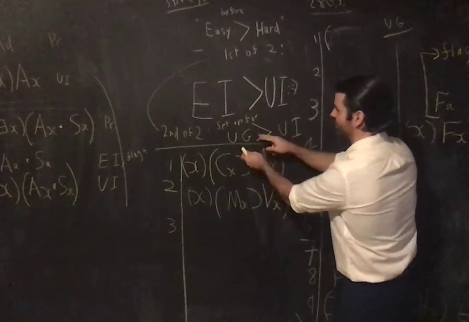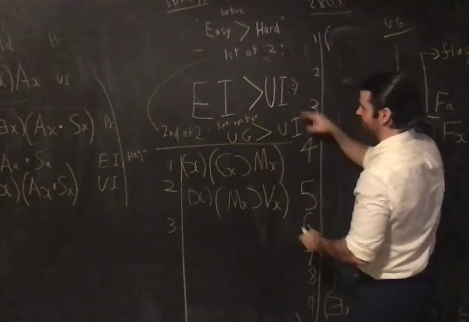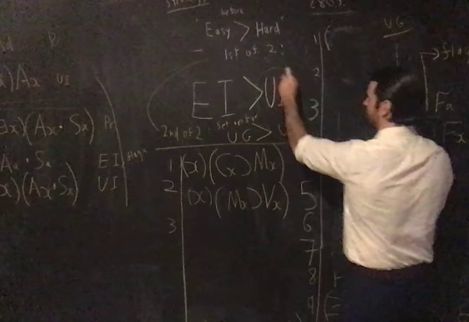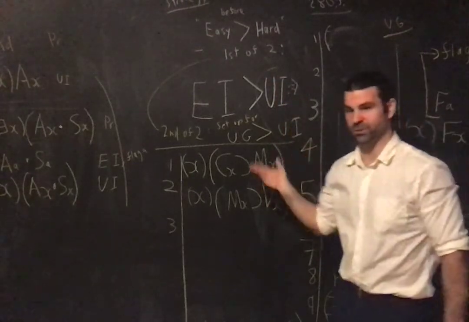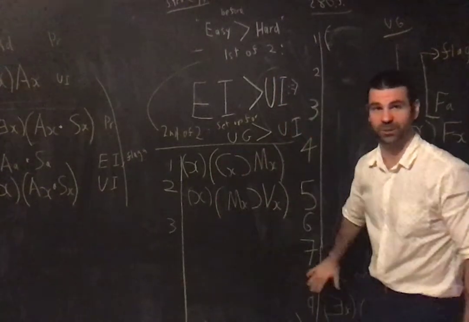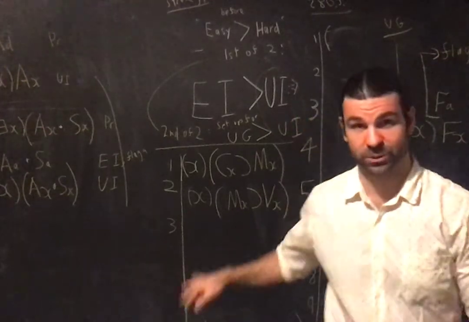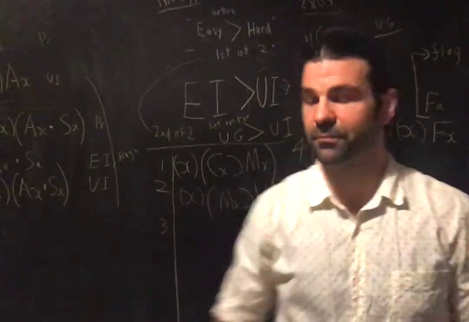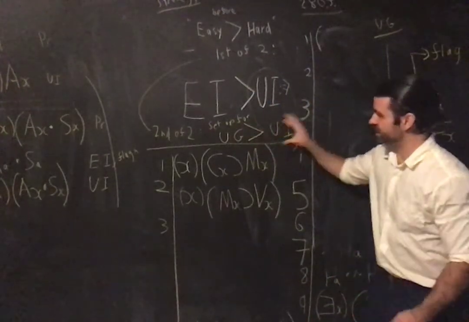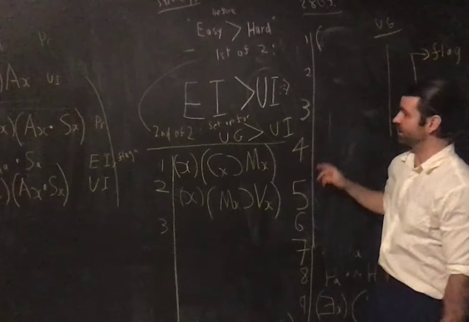It's always do the hard rule before the easy rule. The easy rule in practice is UI. The other easy rule is existential generalization. You don't have to worry about that too much. You do it at the end of the proof, usually to get quantified statements. But here the second of the two easy before hard, sorry.